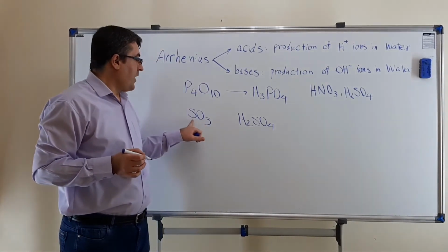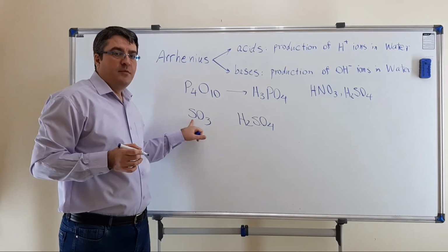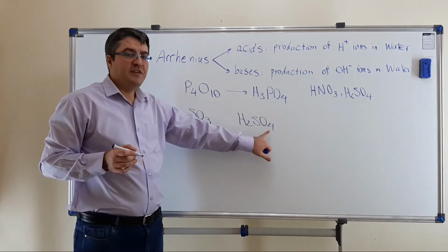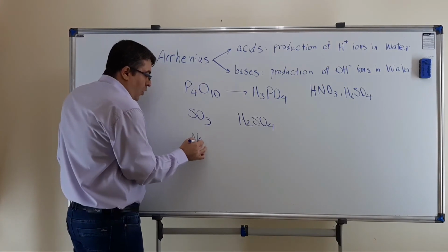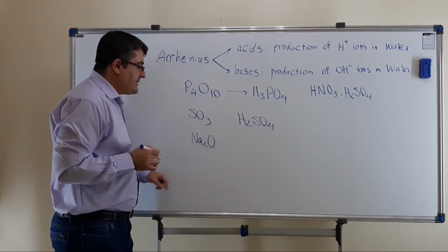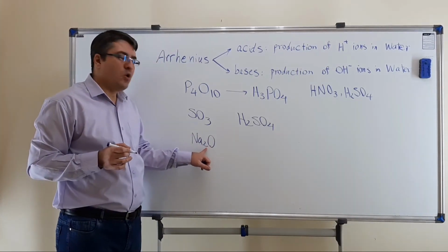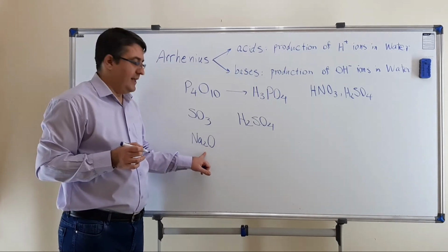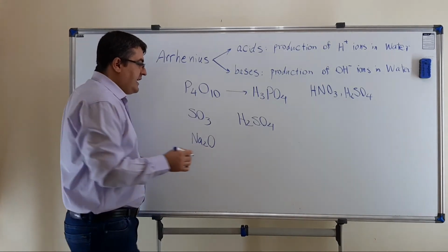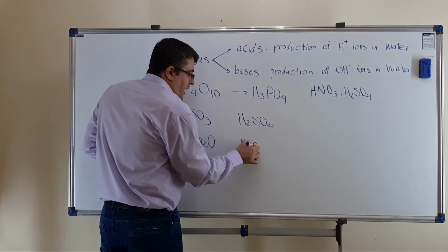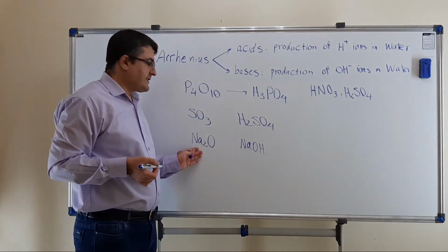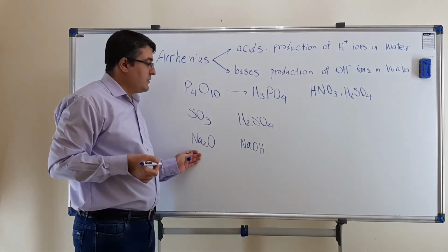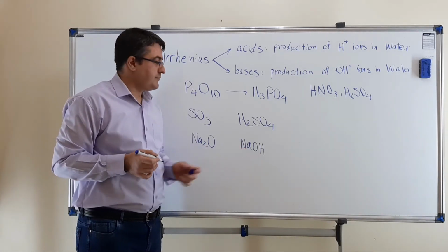So we see oxides of non-metals are usually associated with acids. On the other hand, Na2O or sodium oxide is the oxide of the element sodium, where sodium is a metal. This gives sodium hydroxide in water, which is a base. So we see oxides of metals are usually associated with bases.